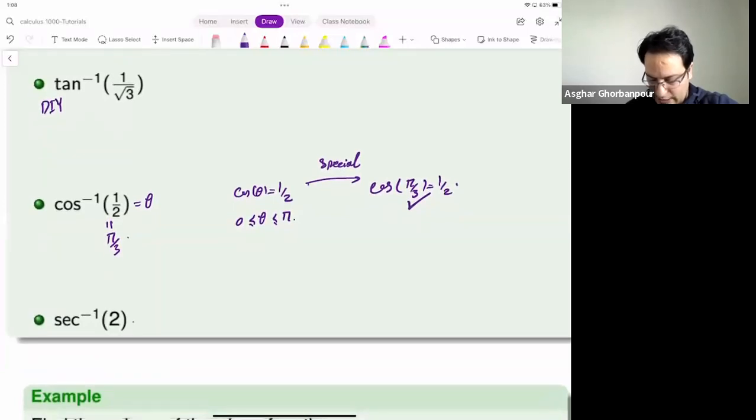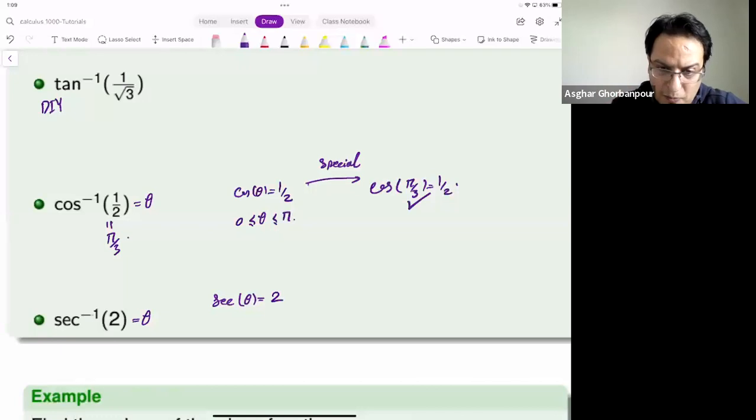Similar thing, you can do it here. Say secant inverse of 2. So I'm looking for a theta whose secant is equal to 2. What is the domain for secant? This is very important. The domain for secant, you have to know these ones. And I believe in one of my videos, I did that for another book. The convention was different.